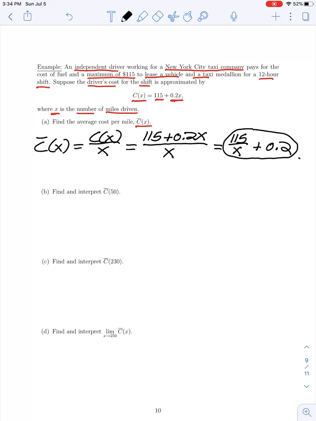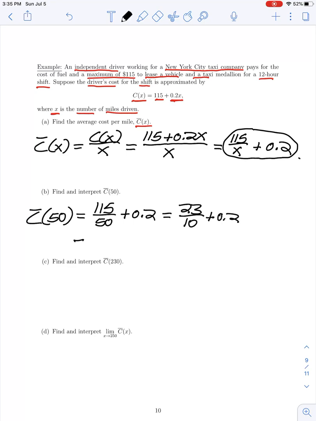Now in part B, we're asked to find and interpret c bar of 50. So here c bar of 50 would be 115 over 50 plus 0.2. So let's see what we're left with here. Dividing top and bottom through by 5, we would have 23 over 10 plus 0.2.